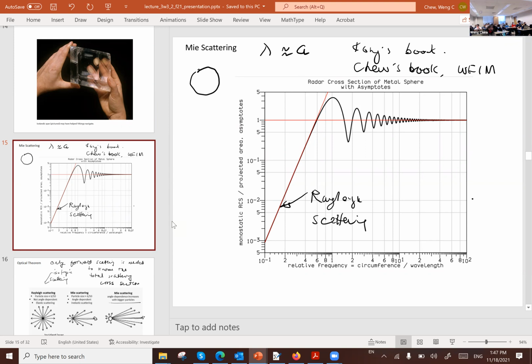It increases with the frequency, which is the horizontal axis, and then it will go up and settle and come down. This is called the asymptote. The asymptote is something like this. The cross-section essentially just becomes pi A squared.